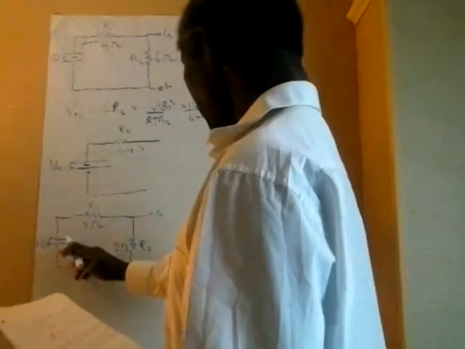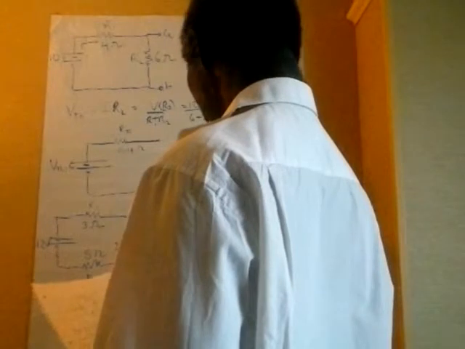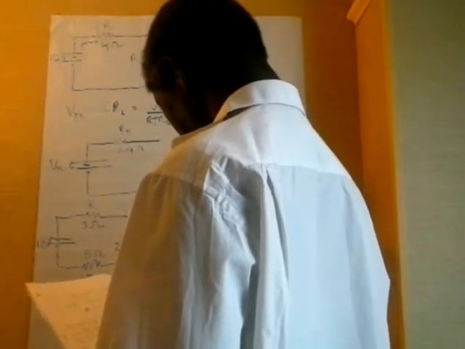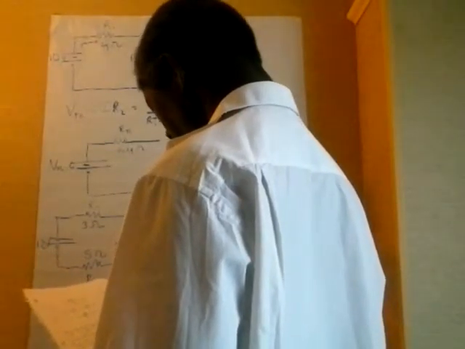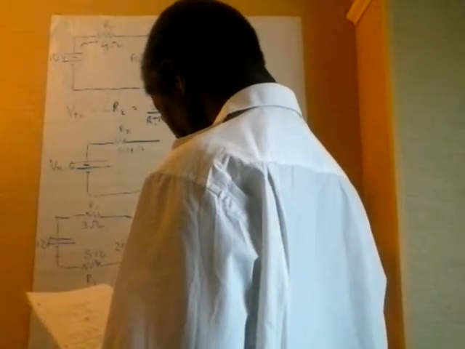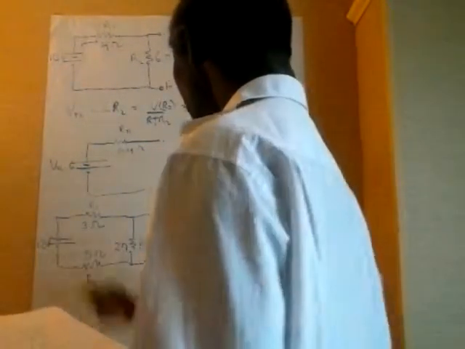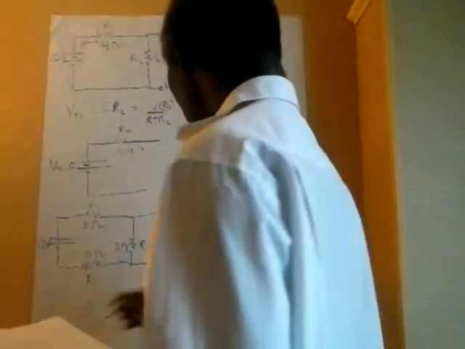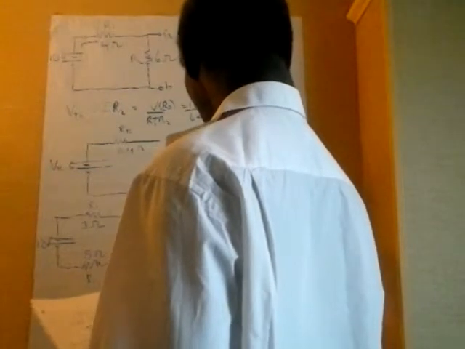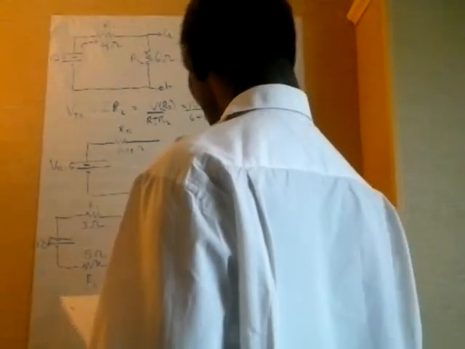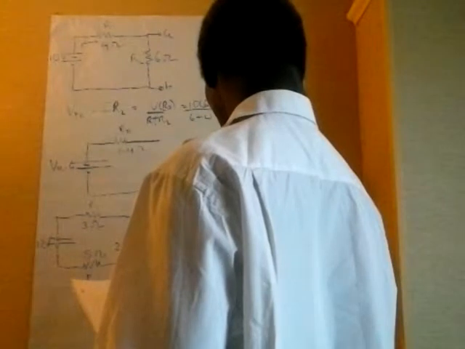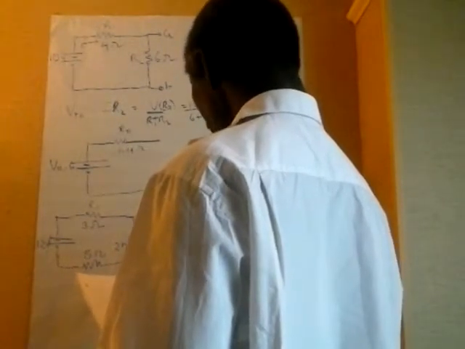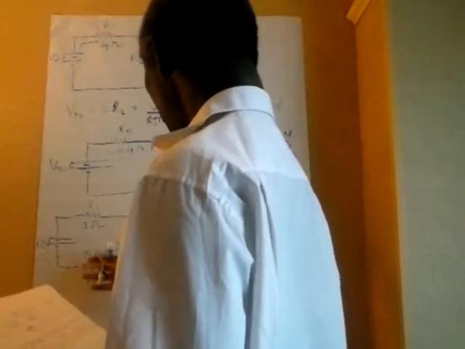All right, we find our Thevenin resistance. We replace the source by a short circuit. Or in our mind we leave it out and replace it by a short circuit to find our R Thevenin. R Thevenin is equal to this 2 ohm resistance in parallel with the 3 and the 5.